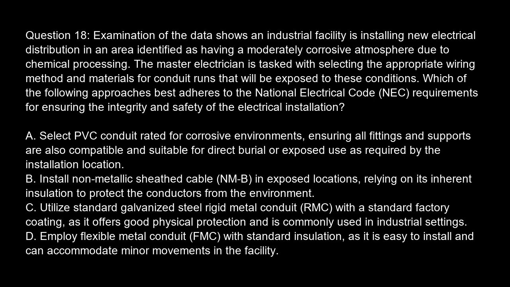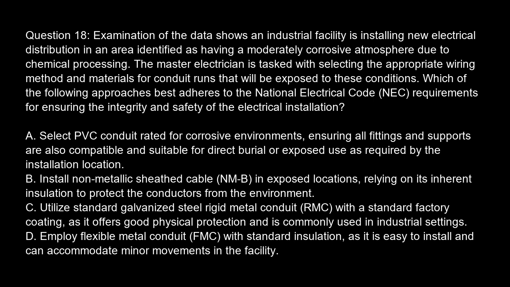Option A. Select PVC conduit rated for corrosive environments, ensuring all fittings and supports are also compatible and suitable for direct burial or exposed use as required by the installation location. Option B. Install non-metallic sheathed cable, NMB, in exposed locations, relying on its inherent insulation to protect the conductors from the environment.